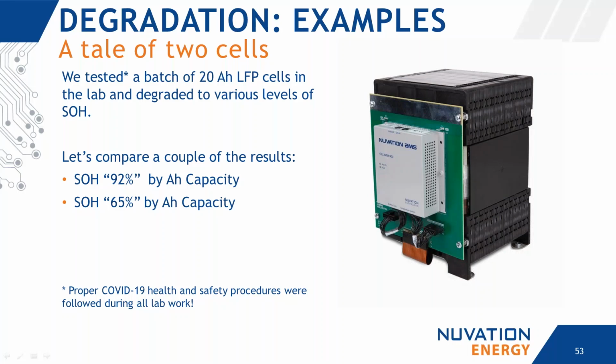And so the graphs we're going to show are comparing two different cells that in this case happen to be relatively high SOH, around 92%, and relatively low SOH, around 65%. And that SOH was calculated not based on energy, just based on the pure amp hour capacity. And that's because we're thinking of it as a battery cell. It's what we do in the lab.